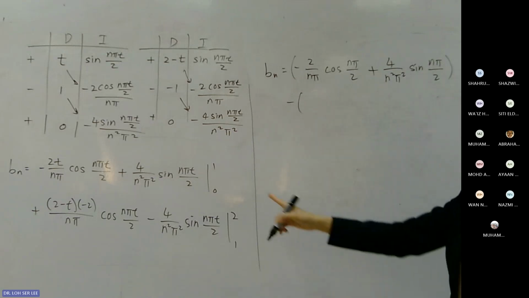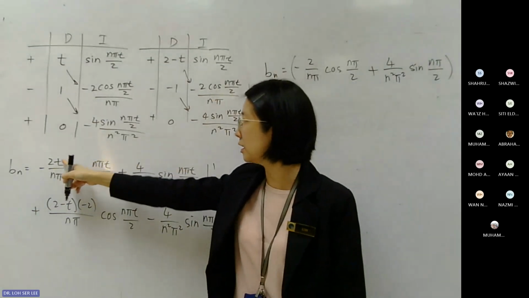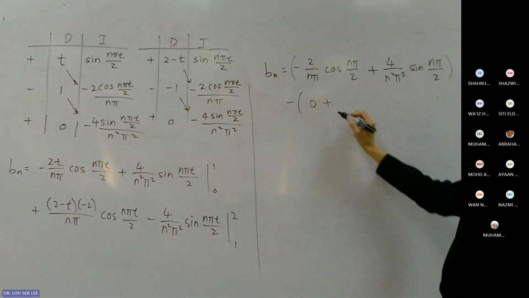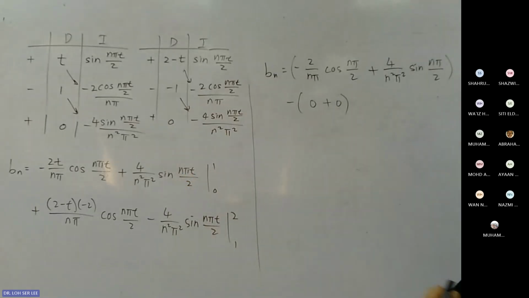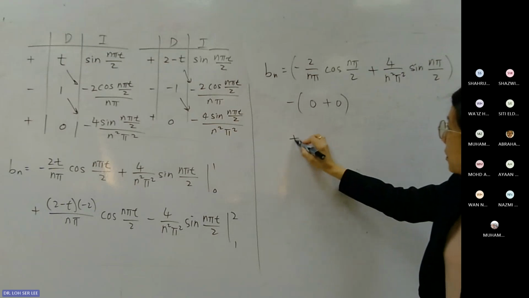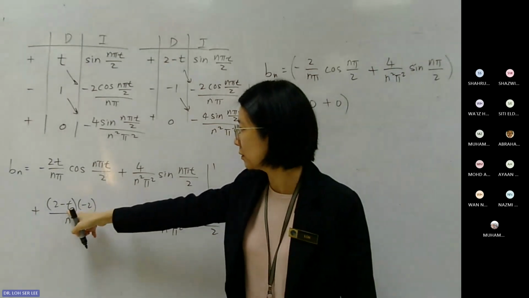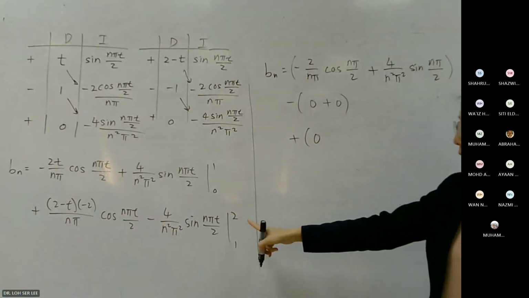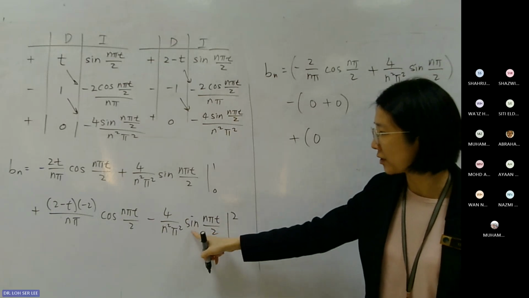Okay, minus 0 into this t, 0. Plus 0 into this t, sine 0 is 0. Then plus 2. 2 into this t, 2 minus 2, you get 0. 2 into this t, cancel out the 2, you have sine n pi.